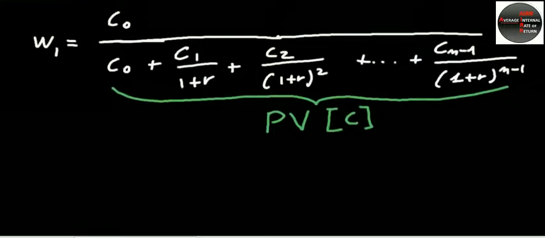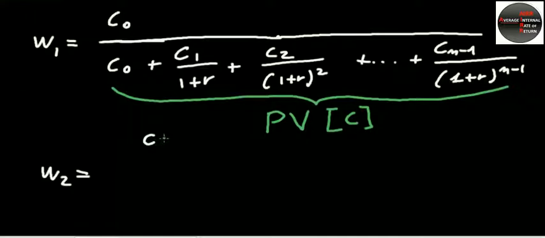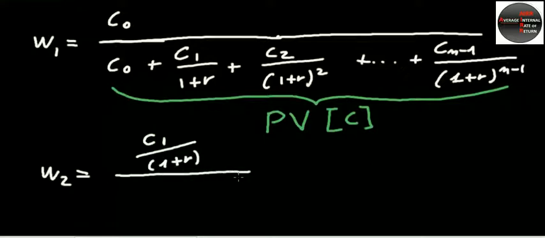Now the second weight is the present value of the second capital invested. So C1 discounted by one period divided by total capital, and we can use the new symbol, present value of all the capitals.